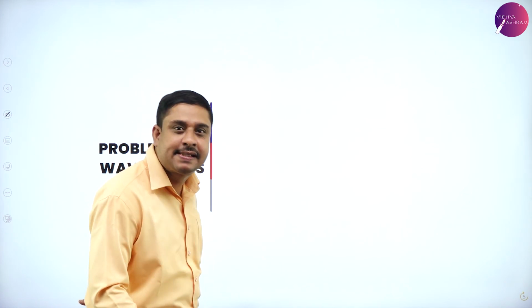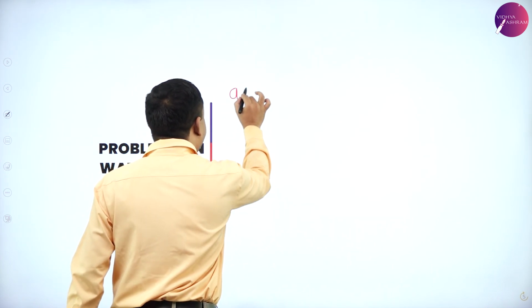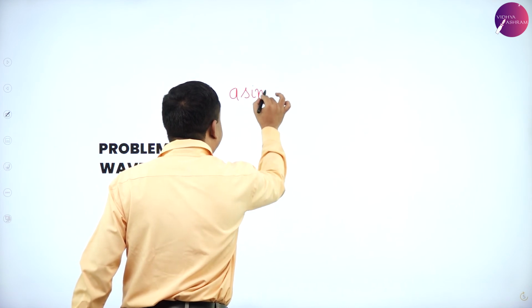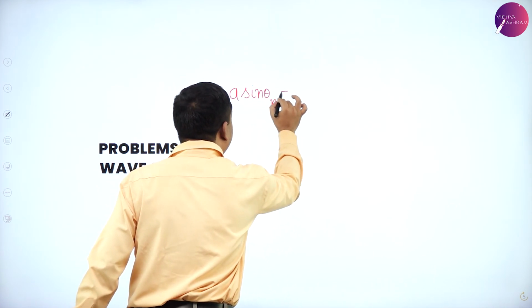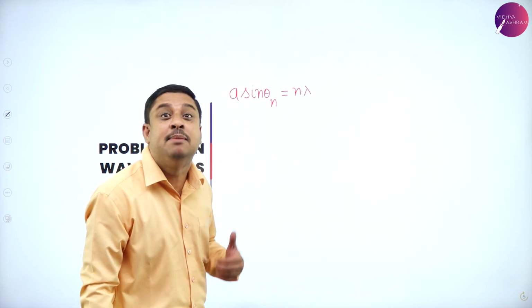So students, here the condition for the formation of minima in a Fraunhofer diffraction at a single slit, we say a sin theta n is equal to n times lambda.